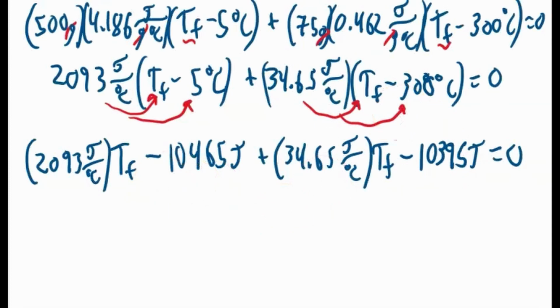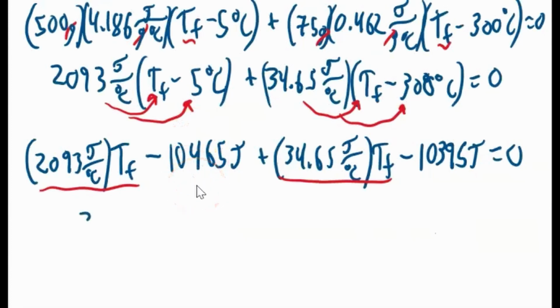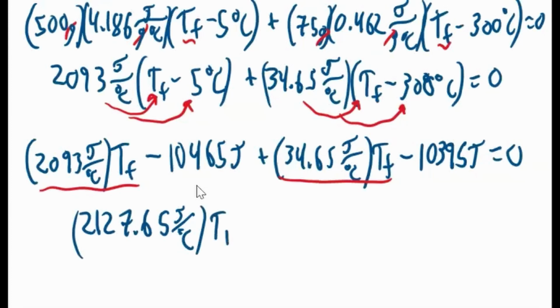Equals 0. Now we have like terms because they both have T final in them. We'll just add these two terms together: 2093 plus 34.65 is 2127.65 joules per degree Celsius, T final equals, now I'm going to add these two numbers together and move them to the other side so they become positive.